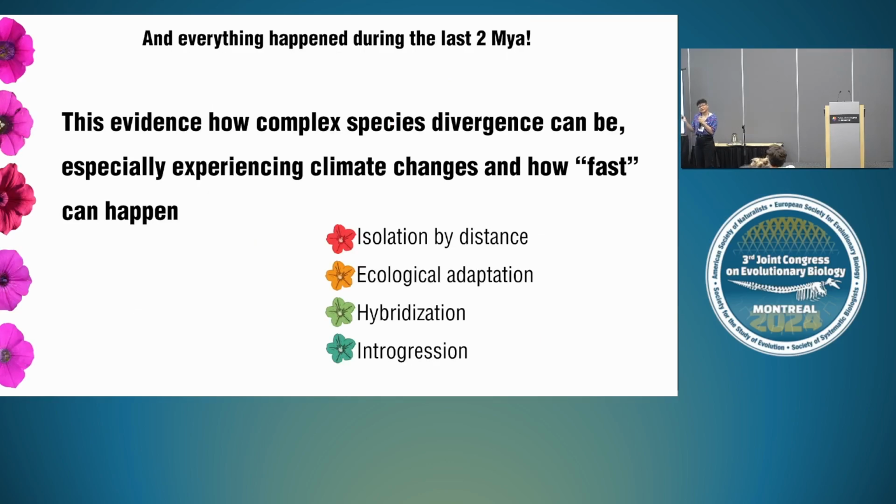And with this, I'm just showing you how complex species divergence can be when they experience climate change, and how fast this can happen, because everything that I'm telling you happened during the last 2 million years. So we have examples of isolation by distance, ecological adaptation, hybridization, and introgression.